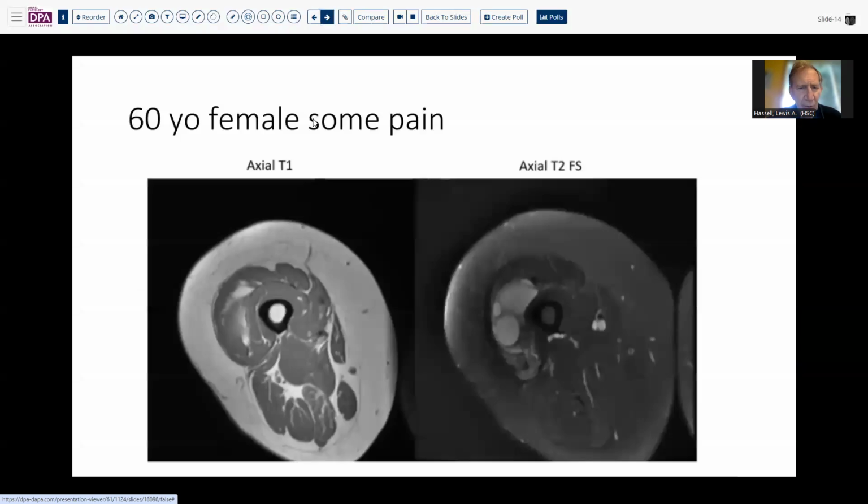And here's kind of what we're dealing with radiographically. You can see here on the T2 fat sat that it's got quite a multilocular appearance. It's adjacent within this muscle compartment, not really the density of fat here on the transverse section.